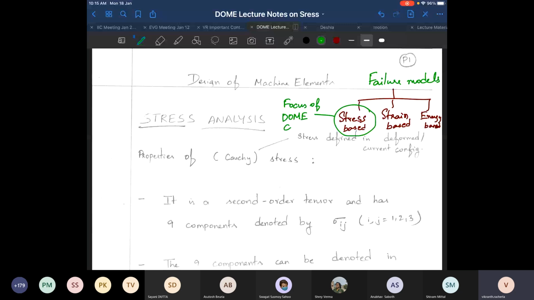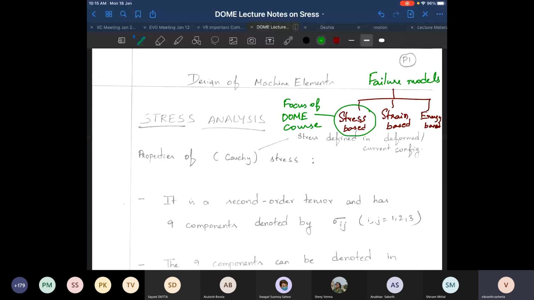So this is what we'll be focusing on in this particular course, and the stress-based models are of particular relevance when you are dealing with only elastic deformations. Once you get into the plastic regime, so let us say you are dealing with a manufacturing process and the material will be subjected to deformation, and after some amount of stretching the material will fail.